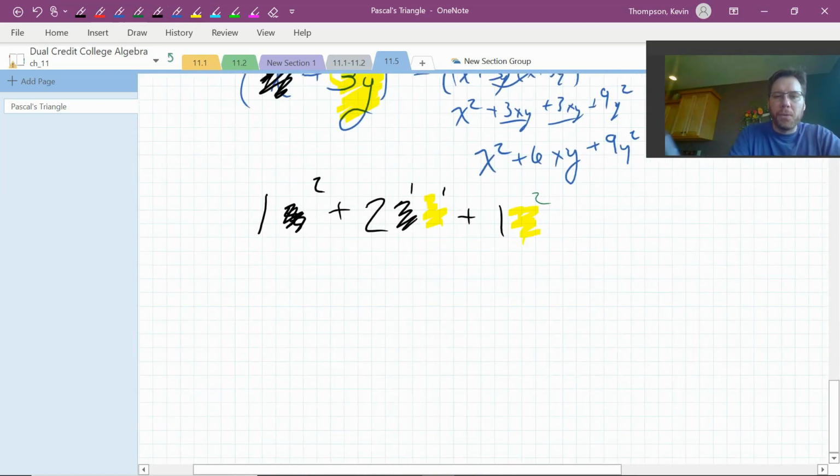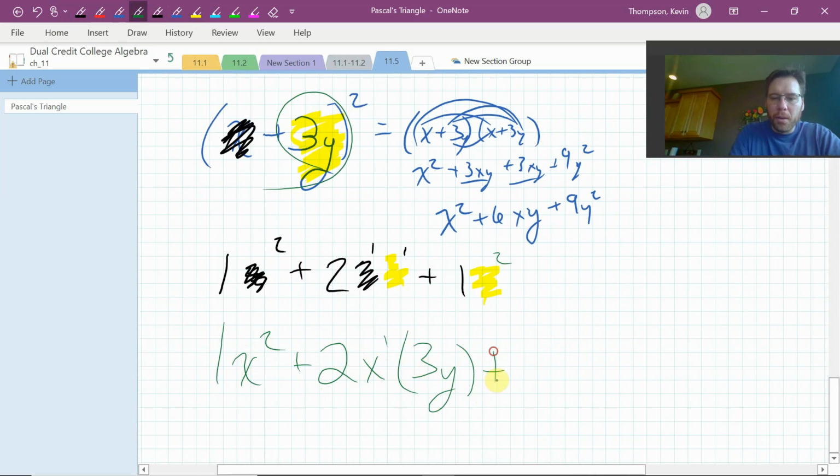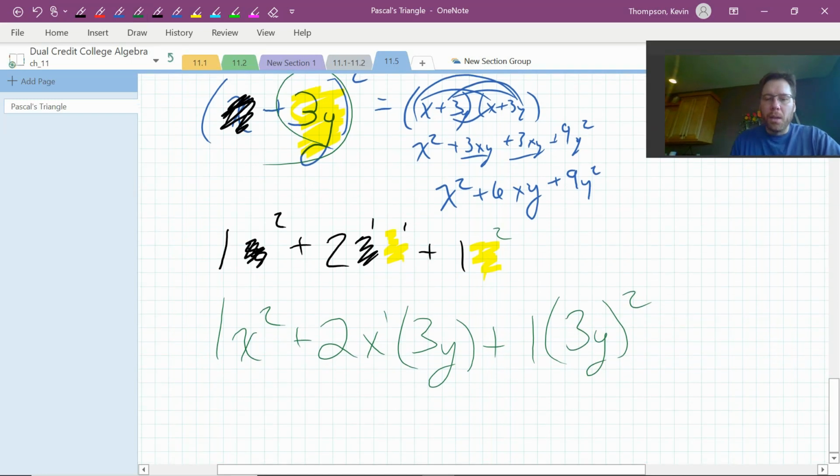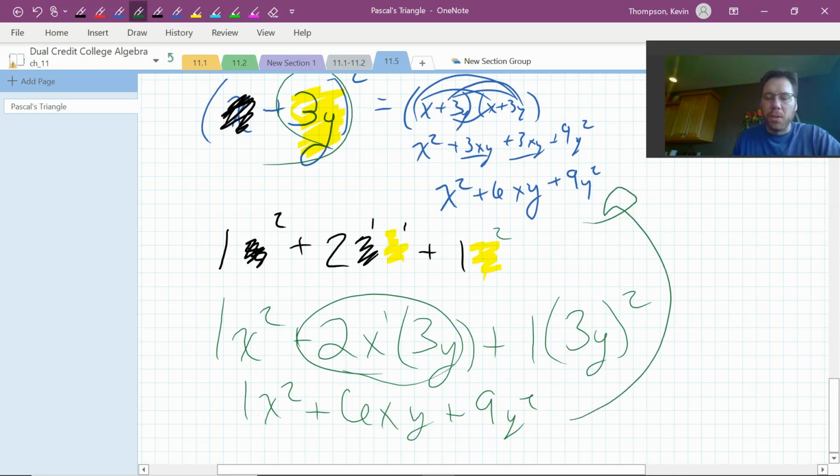So now we just need to fill in like what's black squiggle and yellow squiggle. So black squiggle is x, so 1x squared plus 2x to the first plus yellow squiggle, which is just 3y, plus 1 yellow squiggle squared. Now here, careful, we want to square everything that yellow is. Yellow is 3y, so I square all of 3y. Final answer here is actually the same thing we wrote down. So I get a plus 6xy and a plus 9y squared, which is the same thing we just said.